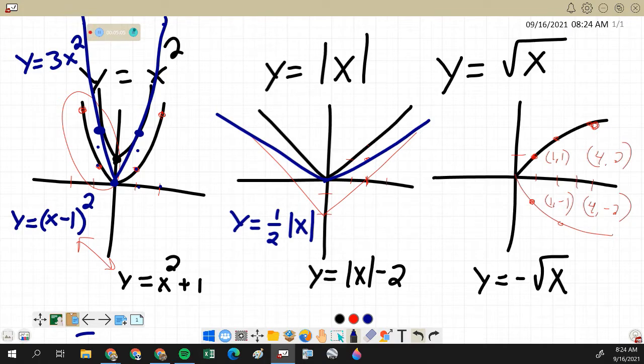Anything that happens inside the function has an effect on the x-axis. Anything that happens outside the function has an effect on the y-axis. So putting a negative outside flips the y's upside down. Adding or subtracting on the outside moves the graph up and down. Multiplying on the outside makes things taller or shorter.